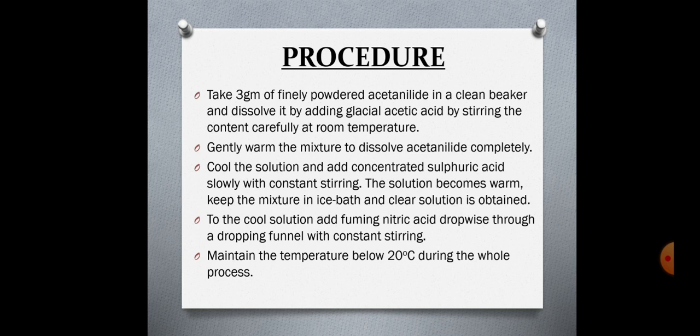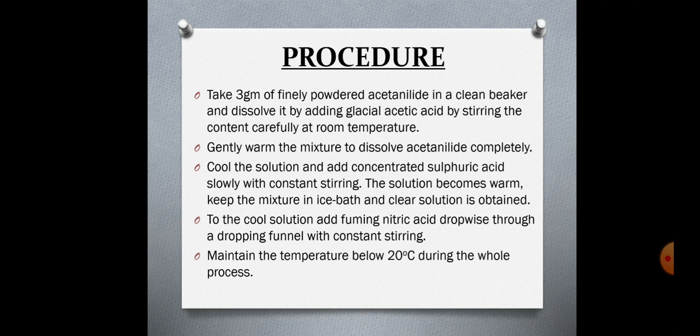Cool the solution and add concentrated sulfuric acid slowly with constant stirring. The solution becomes warm. Keep the mixture in an ice bath and a clear solution is obtained. After heating in the water bath, we need to cool it down in an ice bath.